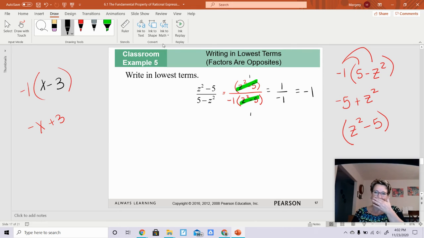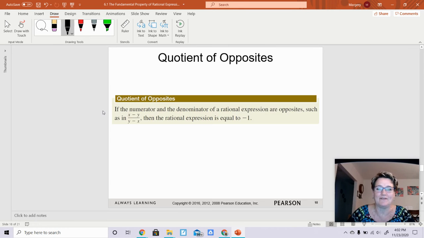And that would be your answer. All right. So you can manipulate these to help you simplify it further. Now, if the numerator and the denominator of rational expressions are opposites of each other, such as x minus y over y minus x, then the rational expression is equal to -1. And I just showed you how to do that.